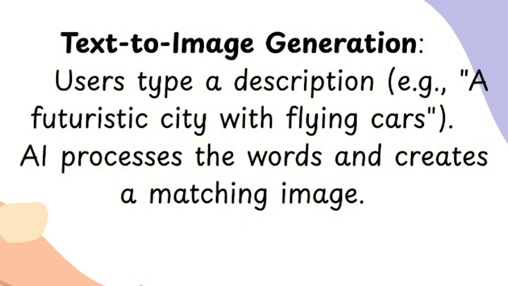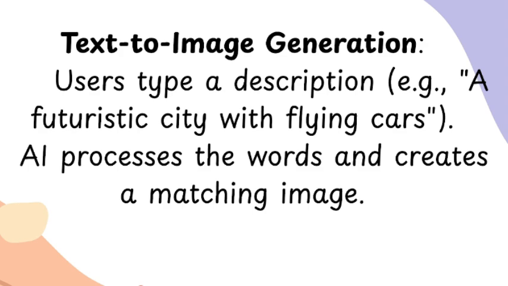So you need to describe what you want it to create for you. It can be something like, create a futuristic city with flying cars, and it will create it for you. And one thing with this AI is that your imagination has no limitation.